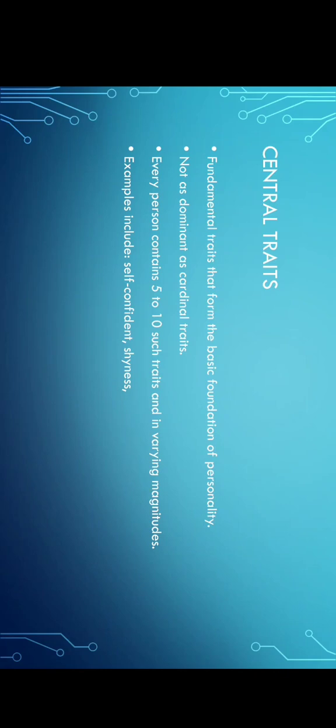According to Allport, every person contains 5 to 10 such traits, present in people in varying magnitude, and their personalities are all different and very unique. Examples are self-confidence, shyness, honesty, etc. So 5 or 10 of these types of traits can be used to describe a person, and they are present in different people in different magnitude.